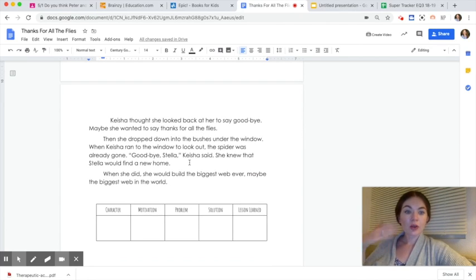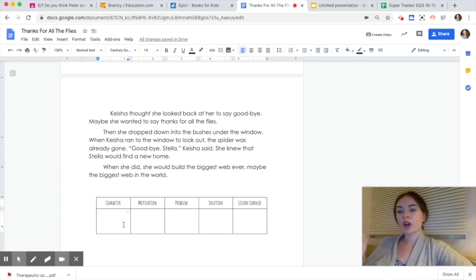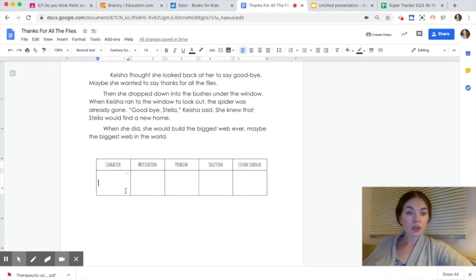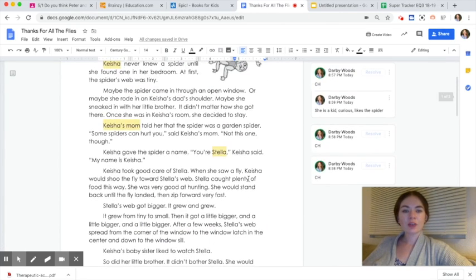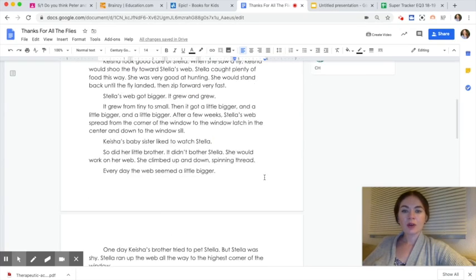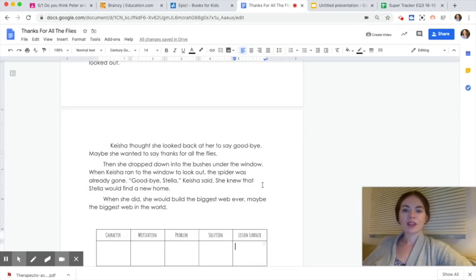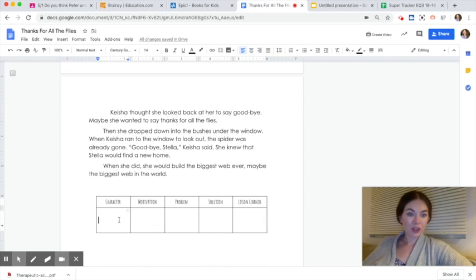Now, I encourage you to add your comment to wherever you see the solution and put an S for solution. Then make sure you go today and fill in your thinking job chart. You will have to find the motivation, the solution, and the lesson learned. We've already found the characters and problems together, so all you have to do is write them down here and look at your notes to help you.